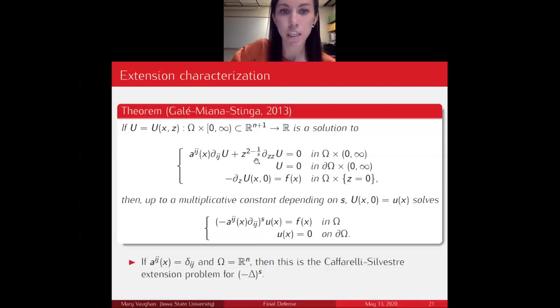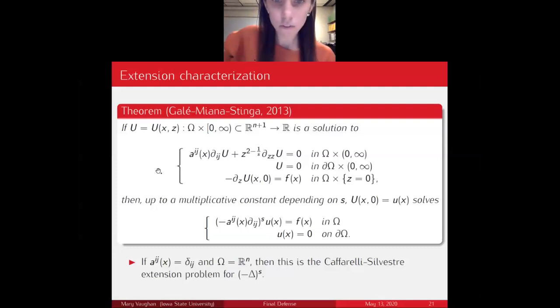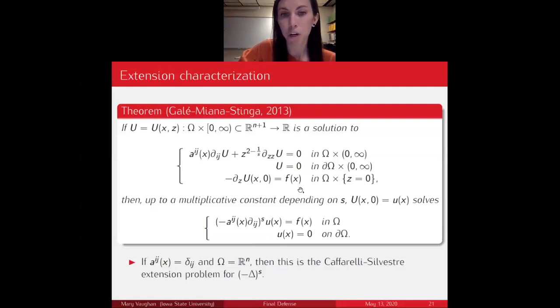But if s is less than 1/2 or bigger than 1/2, then this either goes up to infinity or down to 0 as z goes to 0. So it is degenerate in that sense. So now I want to demonstrate how, if we have Harnack for the extension equation, which I will just refer to as capital U, then we have Harnack inequality for little u.